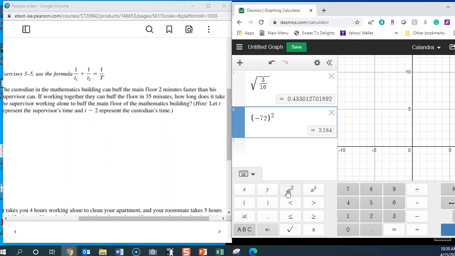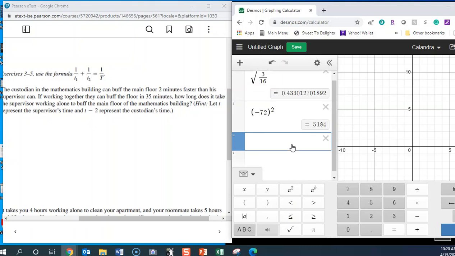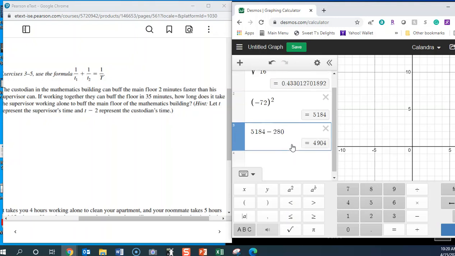So that'd be 5,184 minus 280 all over 2. So x is 72 plus or minus the square root of 5,184 minus 280, which will give us 4,904. This is all over 2.